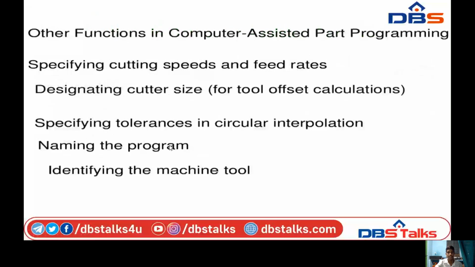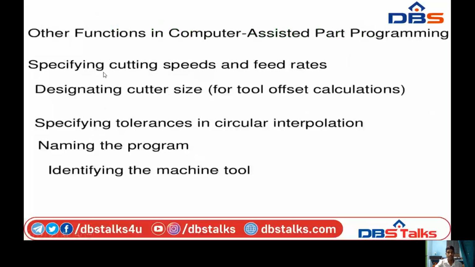Next, other functions in computer-assisted part programming: specifying cutting speeds, designating cutter size, specifying tolerances, naming the program, and identifying the machine tool. Up to now we have discussed the important functions in CAPP.